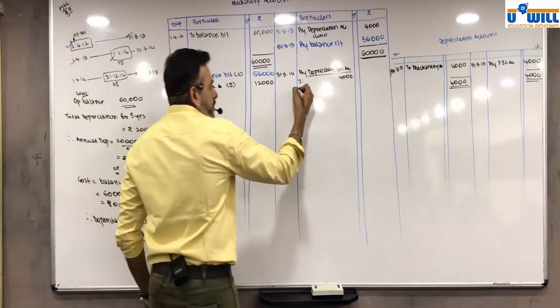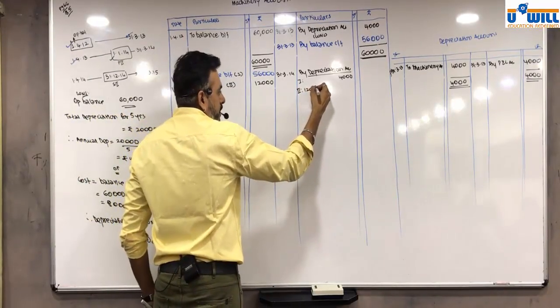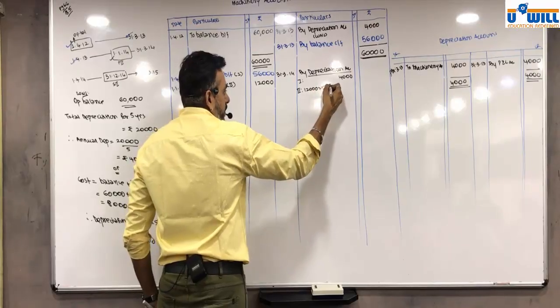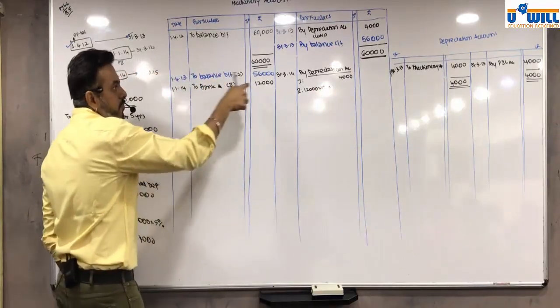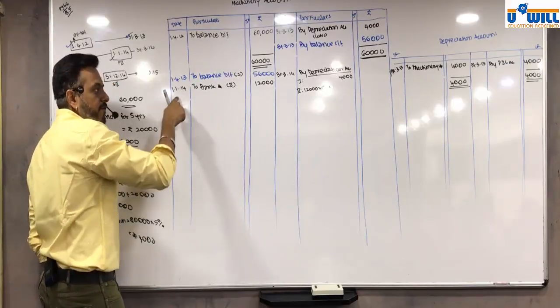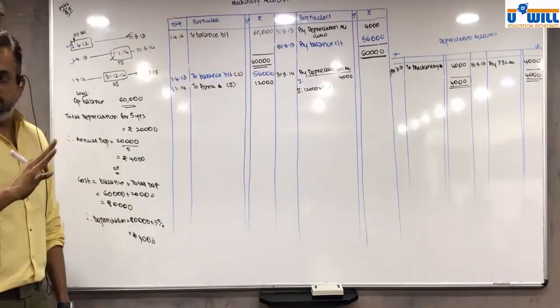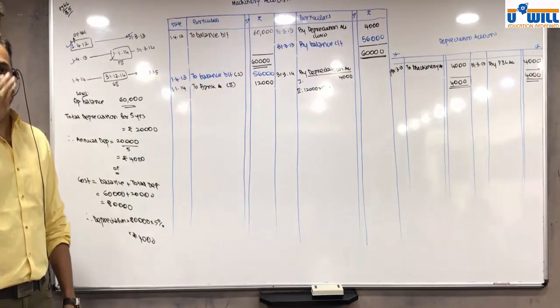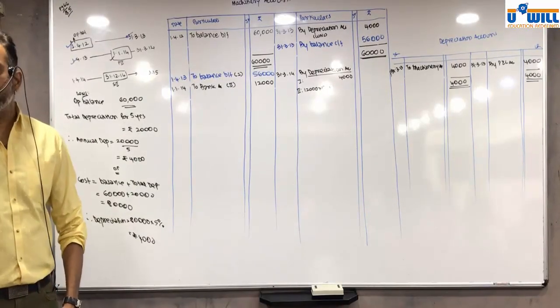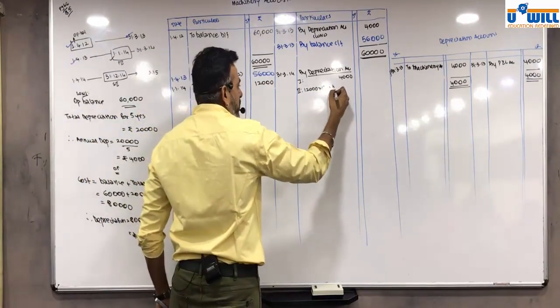Second, bought for 12,000 into 5% into how many months used, from 1/1/14? So full January, February and March, so 3 months. Is this clear? 1/1/14 means full January, then February and then full March. So 3 months, so into 3 by 12.